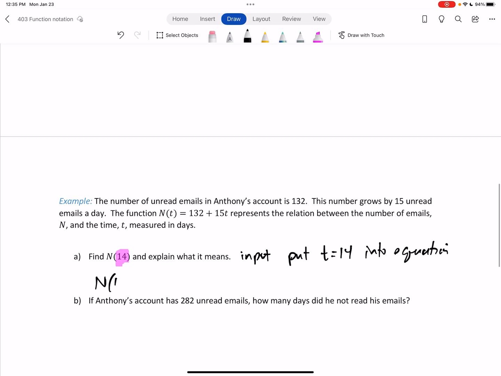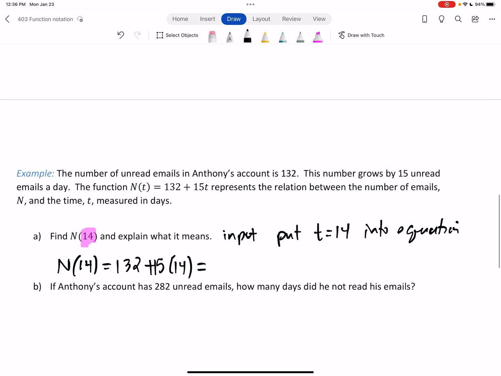So n of 14 is going to be 132 plus 15 times 14. So just put that in your calculator. 132 plus 15 times 14. And you get 132 plus 210, which is 342.